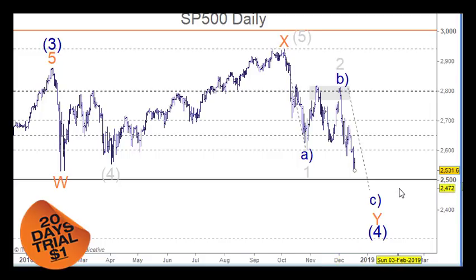So you'll just need to be mindful if you've been short coming down through here, then looking at taking some profit close to or at the 2500 area. We'll have a look at that in a moment.